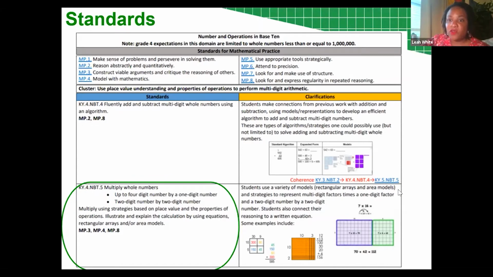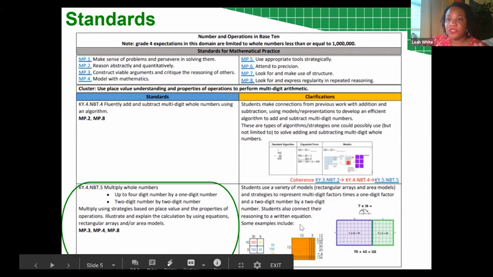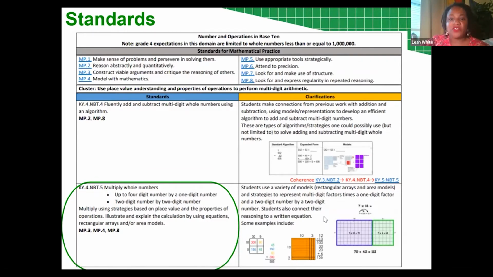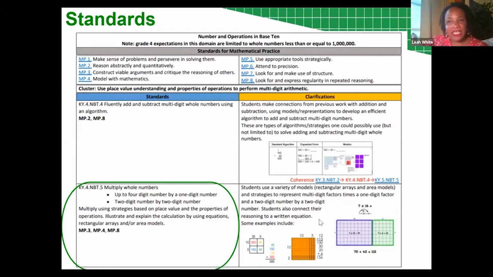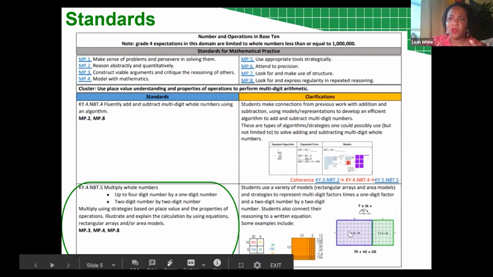They have rectangular arrays and area model examples that are suggested you have practice with your kids exploring these different models. And there's also this connection to reasoning and writing the equation. And so these are all some great pieces of things you want to keep in mind all prior to the algorithm in reference to multiplying these numbers beyond 100.